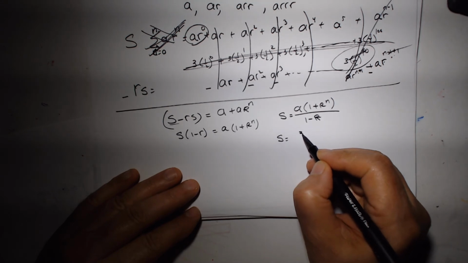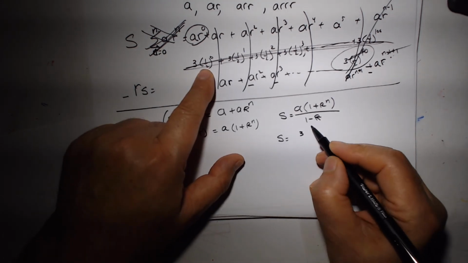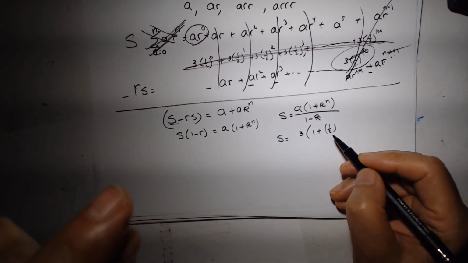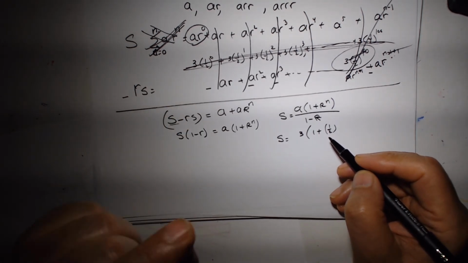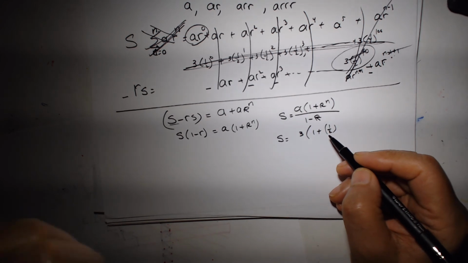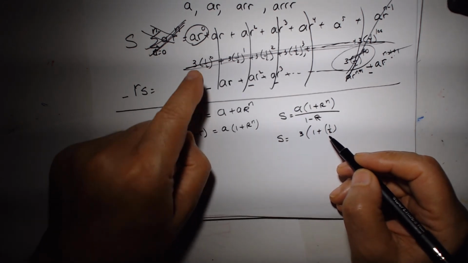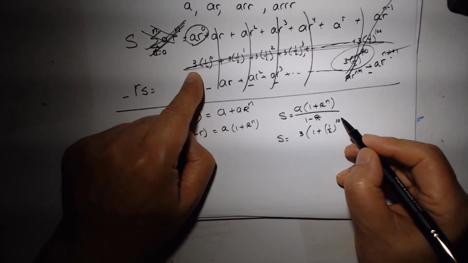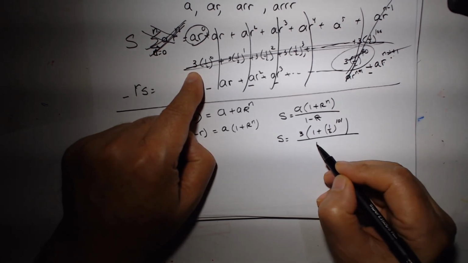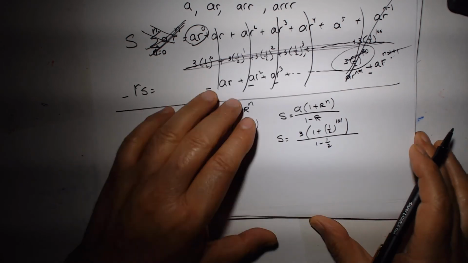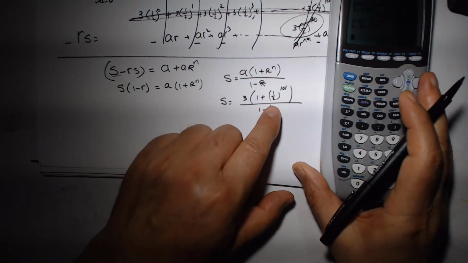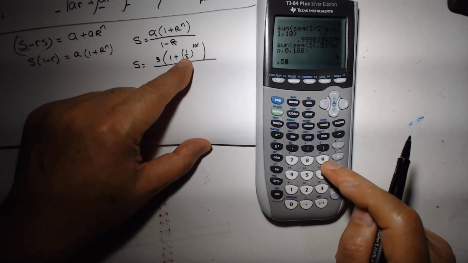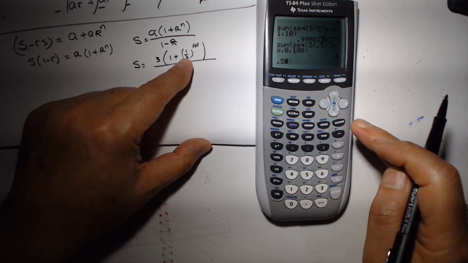I started with 3. My r was 1/2. You said you want up to 100, and because I'm starting from 0, I have to raise this one to the power of 101, divided by 1 minus 1/2. What is 1/2 to the power of 101?